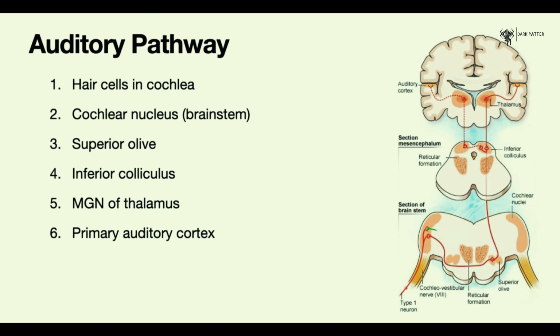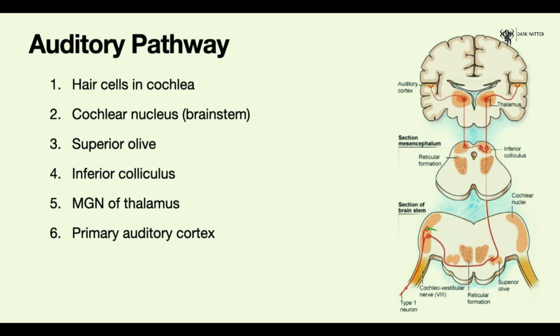Once this information is transformed into an action potential, it will travel through the cochlear nerve to the cochlear nucleus that is found in the brainstem. The second neuron then crosses to the other side and synapses onto the superior olive. The olivary neuron then synapses in the inferior colliculus, which is a nucleus in the midbrain that is crucial to the auditory system because it integrates different auditory inputs and starts to discriminate characteristics like pitch and frequency.